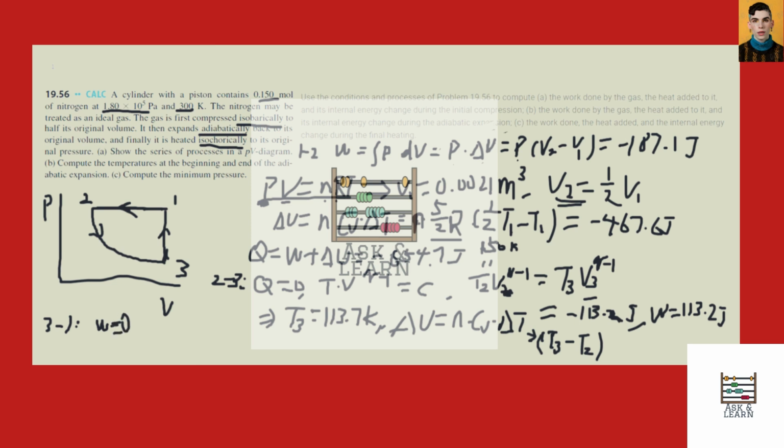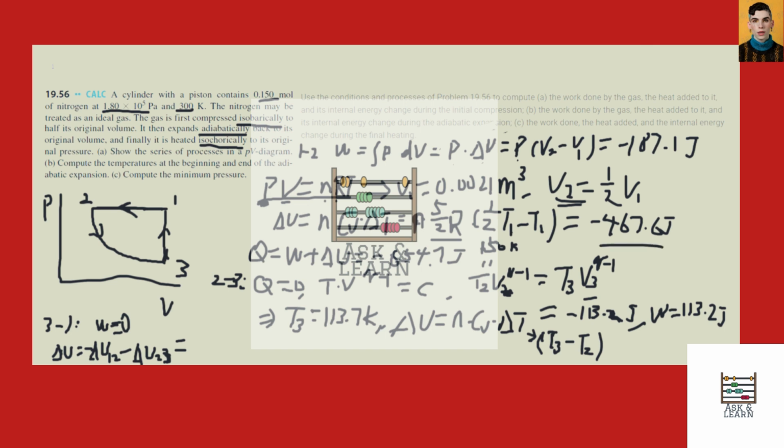So the delta U, as we can see from state 1 to 2 and 2 to 3, finally comes back to the initial state. So basically, the internal energy change is just the opposite of the summation of 1 to 2 and 2 to 3, which is equal to negative delta U 1 to 2 minus delta U 2 to 3.